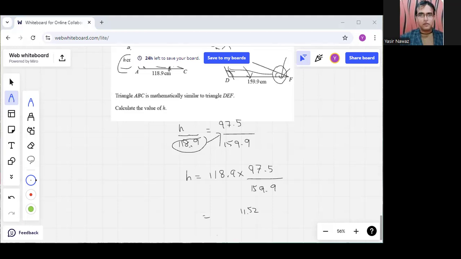So 118.9 multiplied by 97.5 divided by 159.9.